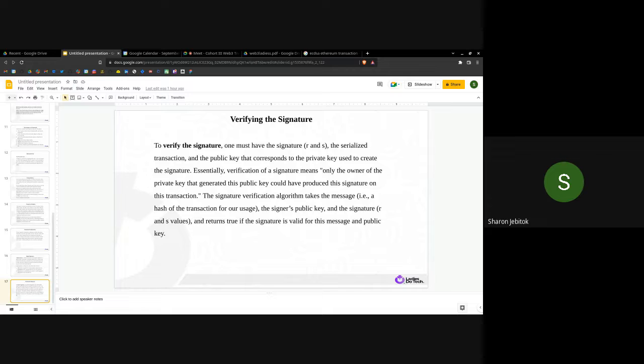Once it's confirmed that the private key that signed the transaction matches the public key, it will return true. So that's all about verifying the signature, and also all about the fields of a transaction.